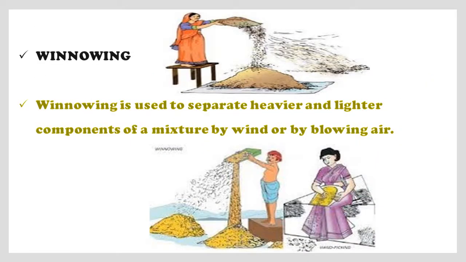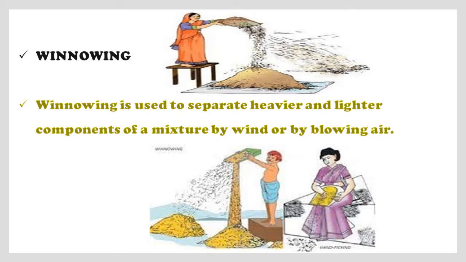Children, next one is winnowing. Winnowing is used to separate heavier and lighter components of a mixture by wind or by blowing air. Observe the images. This method is commonly used by farmers to separate lighter husk particles from heavier seeds of grains.